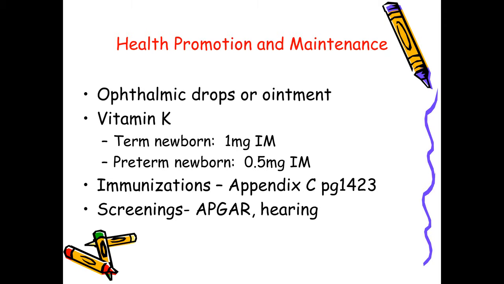I would use the one which is in your textbook. It's Appendix C. That is the one that you will be utilizing as far as for testing purposes. So you will need to know when the child gets their first polio, when the child gets their first diphtheria, when they get their MMR. All of that will be important to know. Okay?